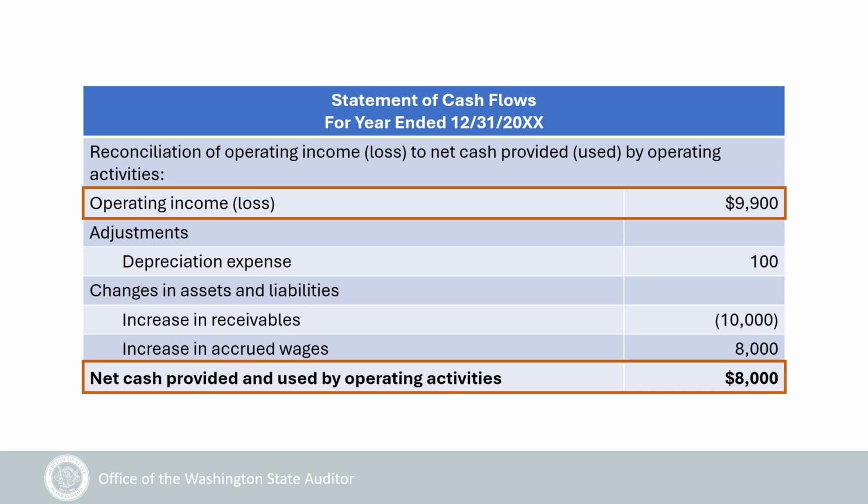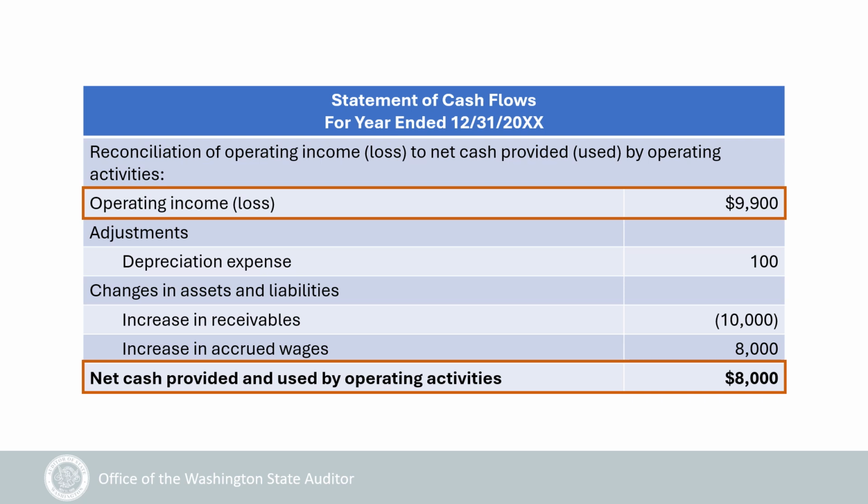But remember, our net cash provided and used by operating activities reports revenue on the cash basis. So that $10,000 increase in our accounts receivable balance, that's accrual basis revenue, but it's not cash basis revenue. So to go from that accrual basis to cash basis, we need to subtract out that increase in accounts receivable.